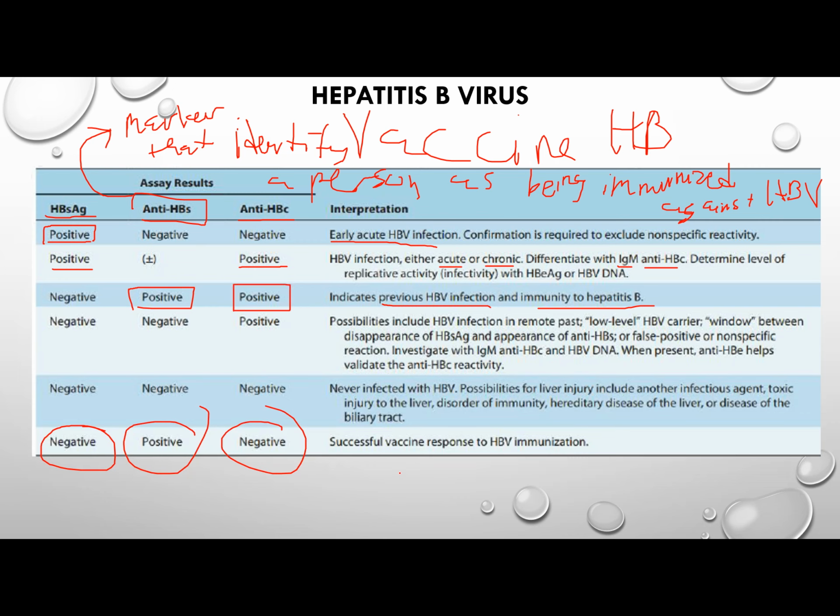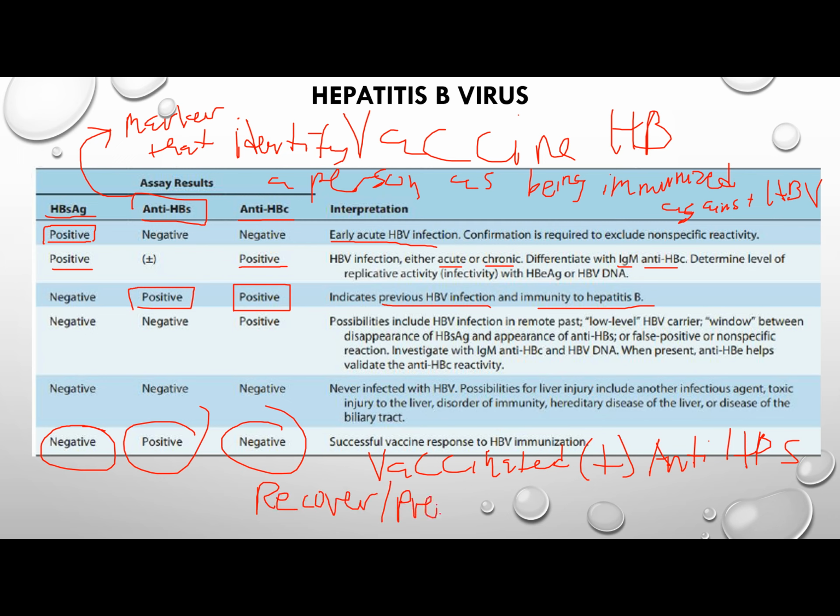So to help you understand, class, if you want to identify if you were only vaccinated, with no previous infection, the only test that you would be positive for is anti-HBs.